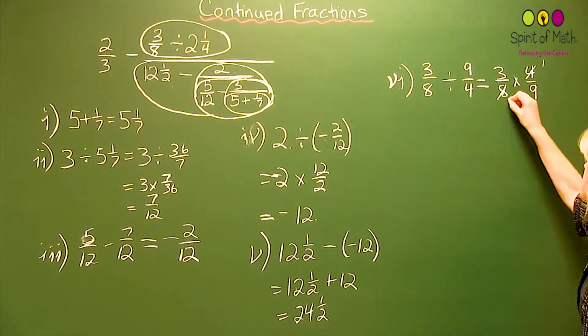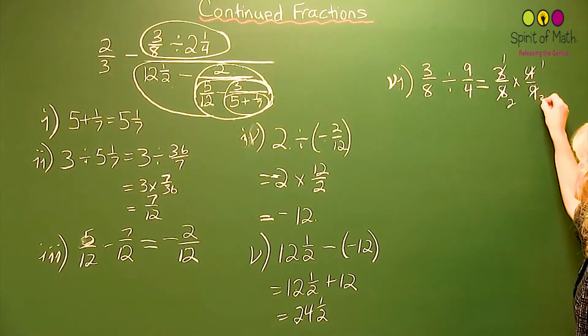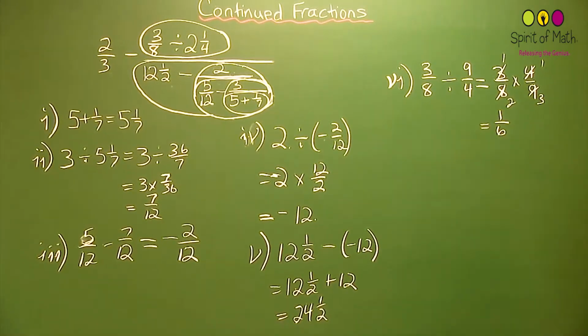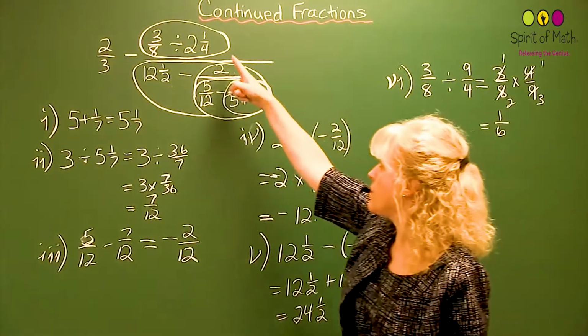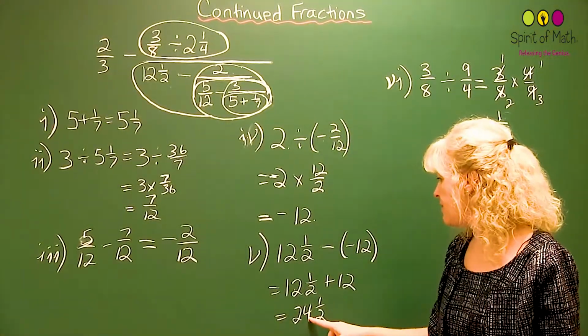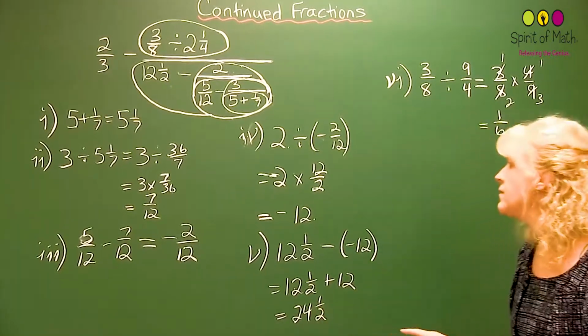And these can cancel out nicely. So you've got 1 over 6 in the numerator. So you've basically got 1 over 6 up here, and this whole thing is 24 and 1/2.